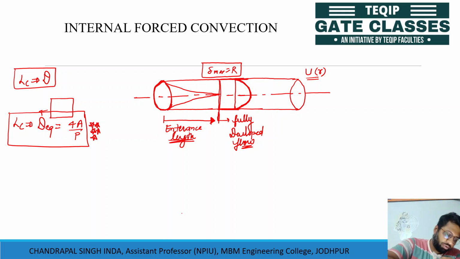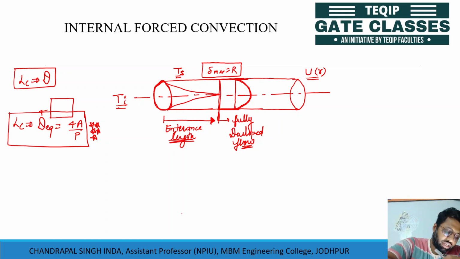Now if the fluid has temperature Ti at the inlet and the surface of the pipe has a temperature Ts, then there will be heat transfer between the fluid and the wall. As we have said, heat transfer is a directional phenomenon and always occurs in the normal direction.